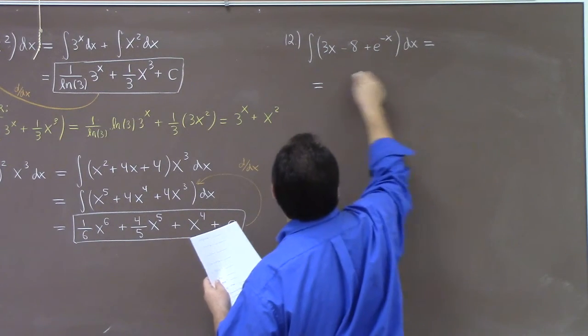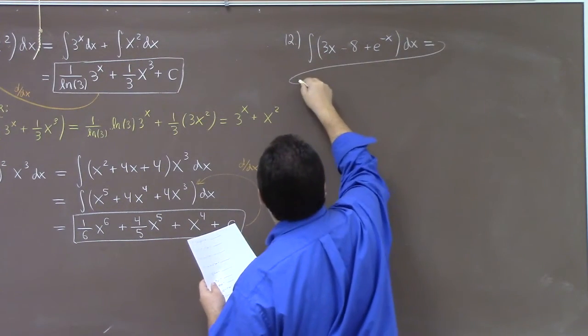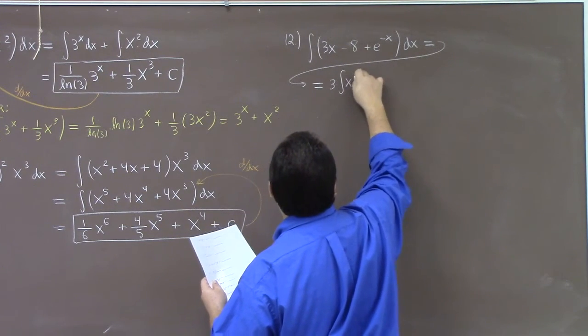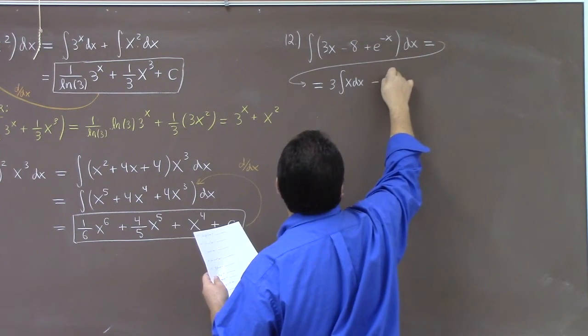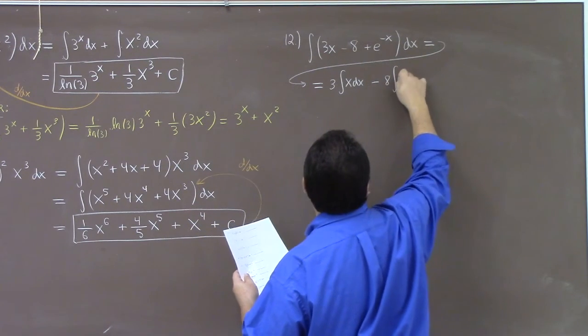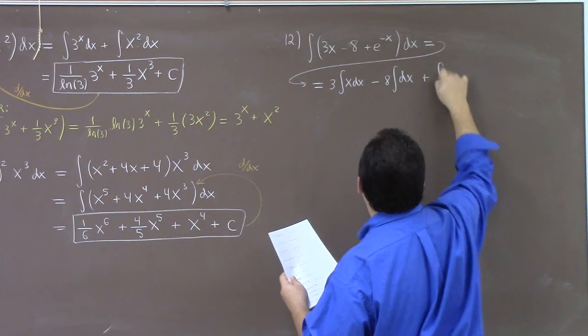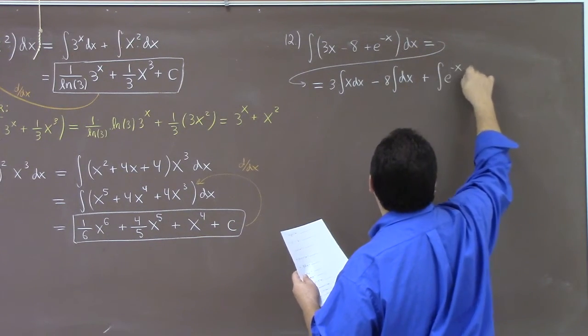I'm going to do one of these here because I don't have a lot of board space. First of all, I've got 3 times the integral of x dx, minus 8 times the integral of dx, plus the integral of e to the minus x dx. We can break it into these.